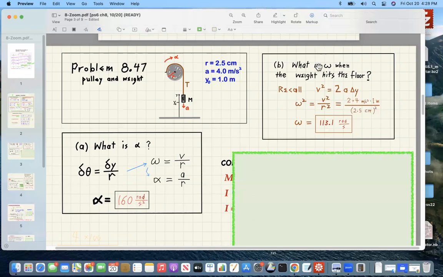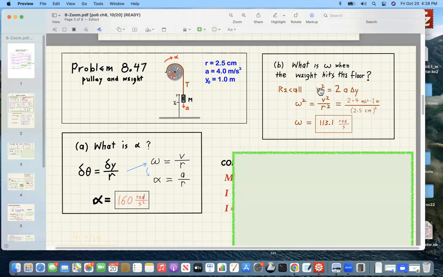And now, the other question is, what's omega when the weight hits the floor? Well, we have here a problem with constant acceleration. If you think back to earlier in the chapter, when there's constant acceleration, delta v squared is 2a delta y.